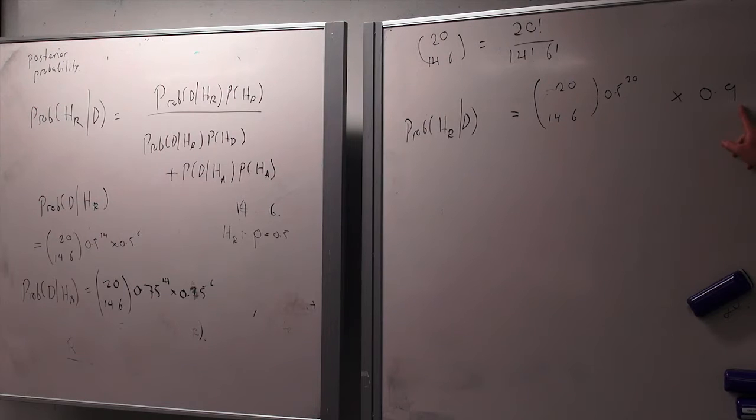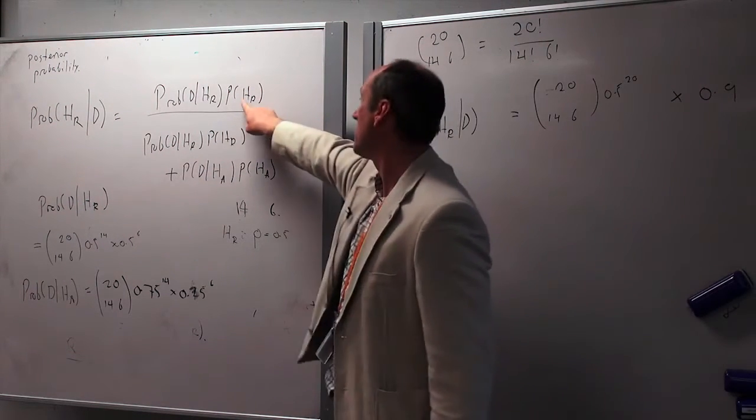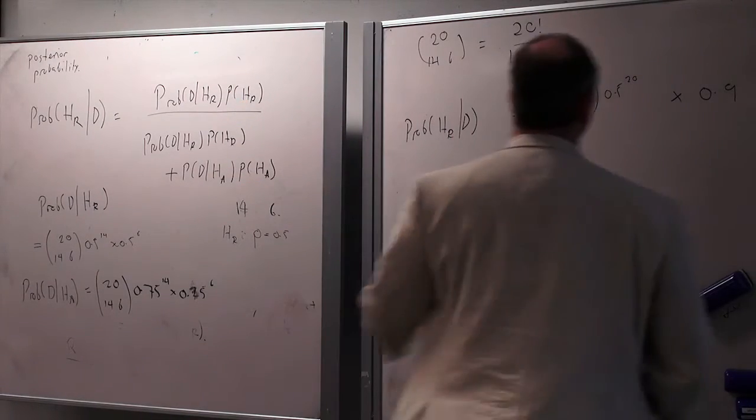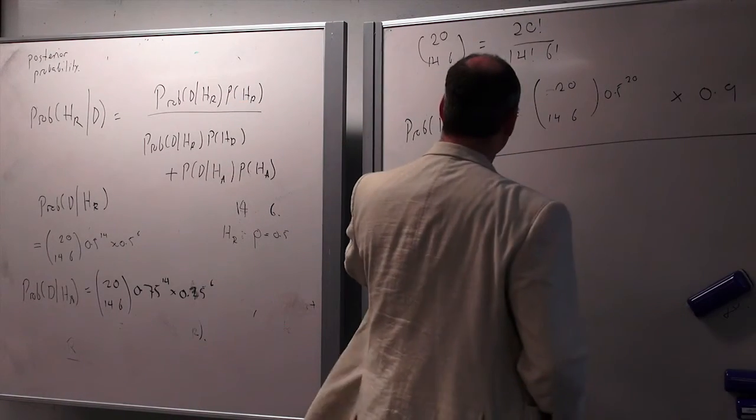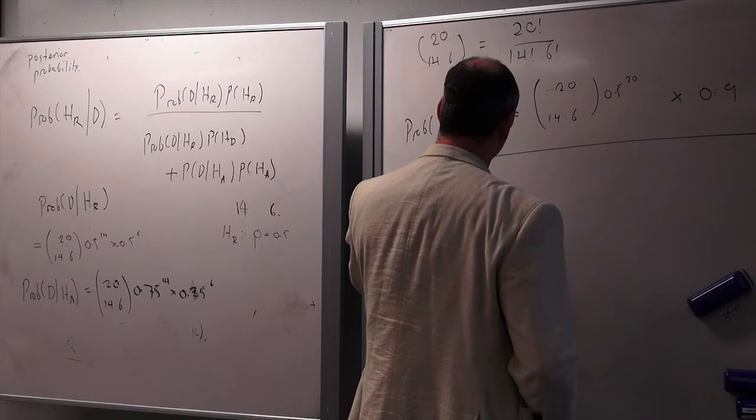You happy where this 0.9 comes from? It's the prior probability of me being right before. That's this one here. That's the prior. Over 20 choose 14 and 6.